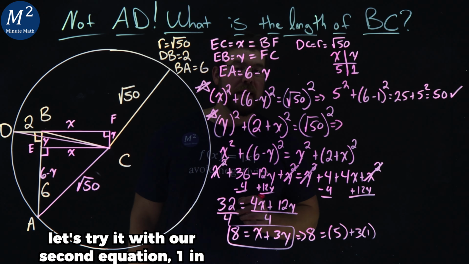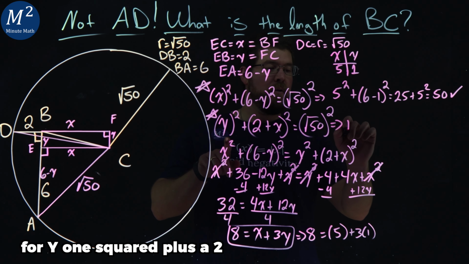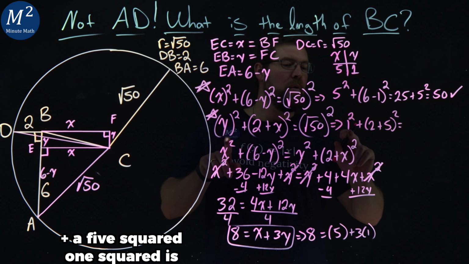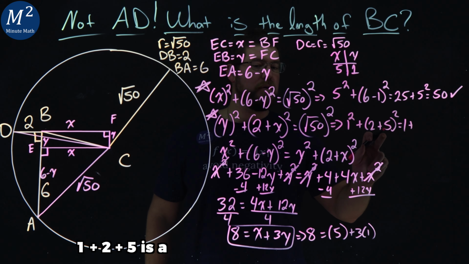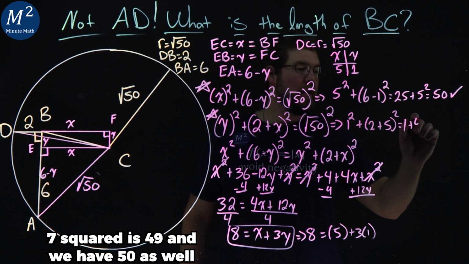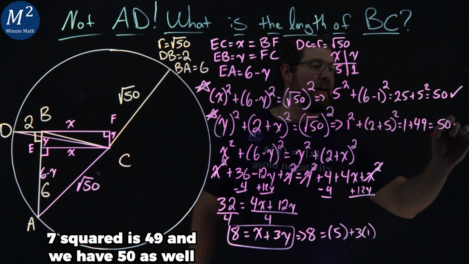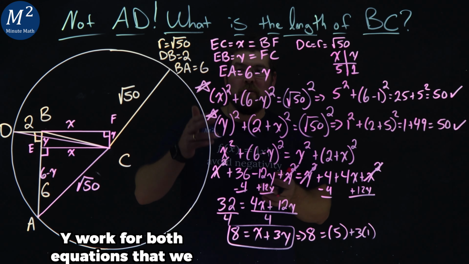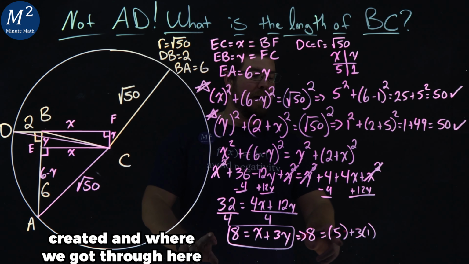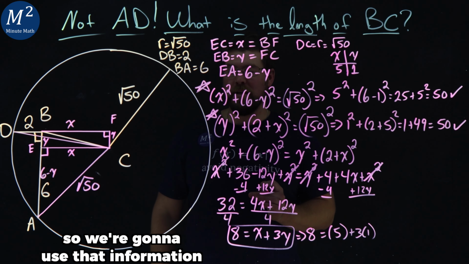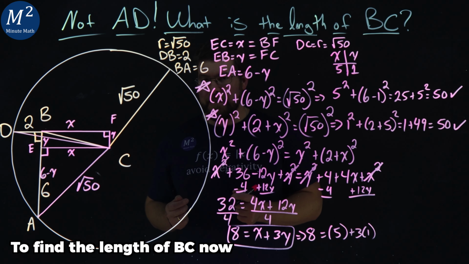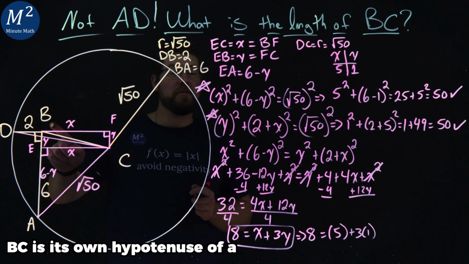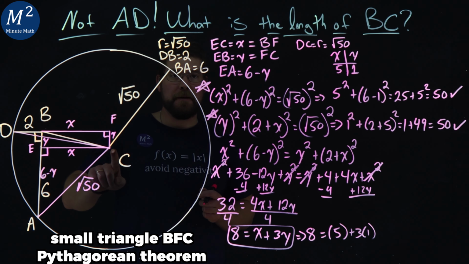Let's try it with our second equation. 1 in for y, 1 squared, plus 2 plus 5 squared. 1 squared is 1, plus 2 plus 5 is 7 squared is 49, and we have 50 as well. And so 5 and 1 for our x and y work for both equations that we created. So we're going to use that information to find the length of BC. Now, BC is the hypotenuse of a small triangle, BFC.